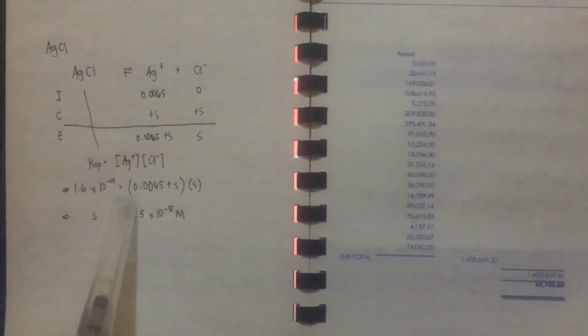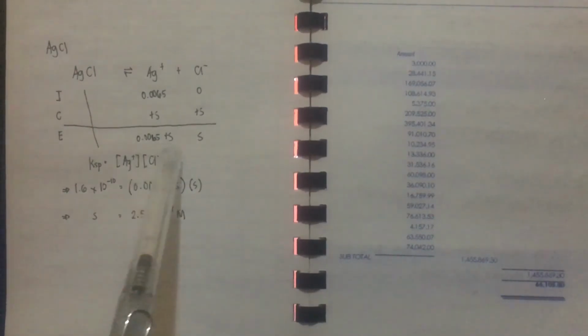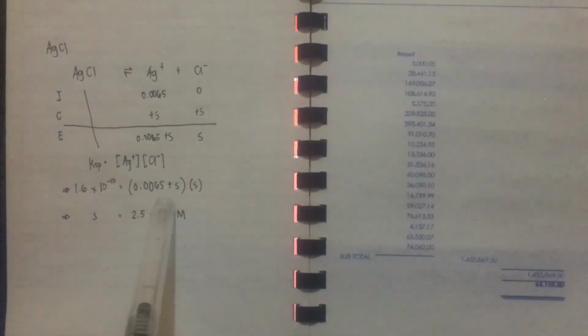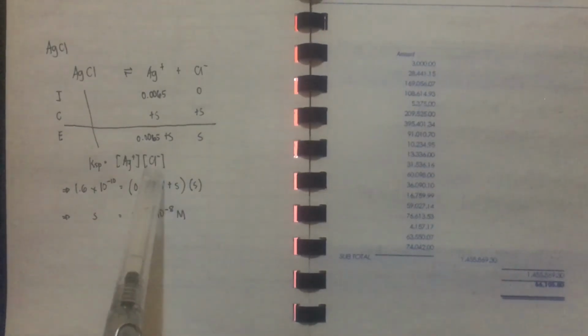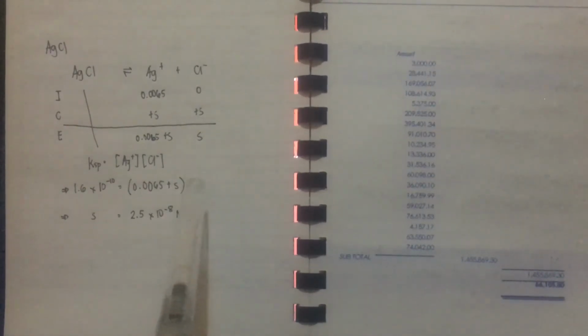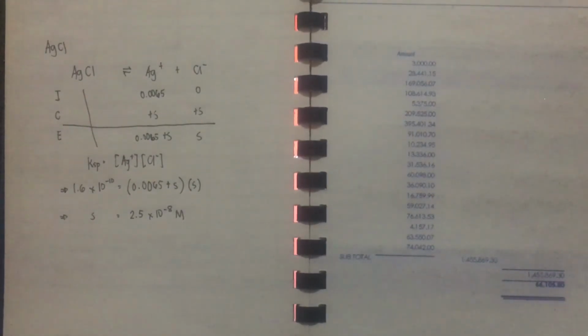This is equal to the concentration of Ag plus, which is 0.0065 plus S, times the concentration of Cl minus, which is S. Then get the value for the molar solubility, or S. Using the solver on the calculator, or you can do the quadratic equation method, you'll get 2.5 times 10 to the negative 8 molar.